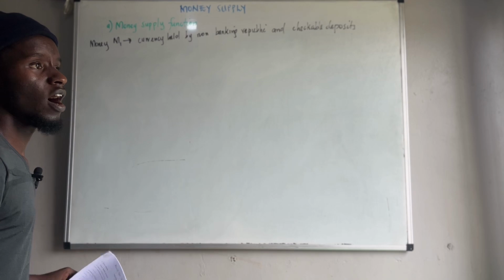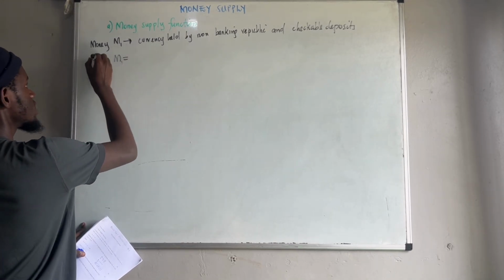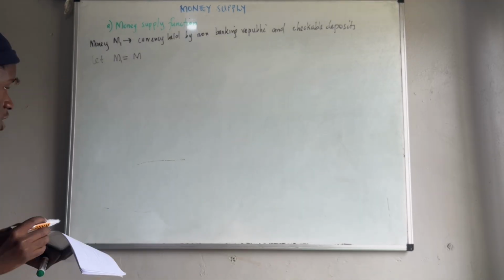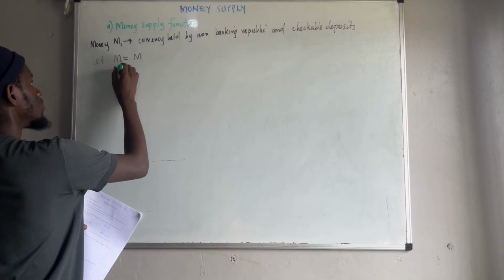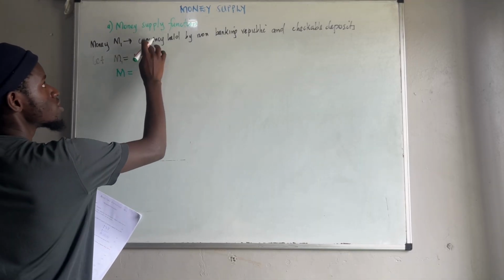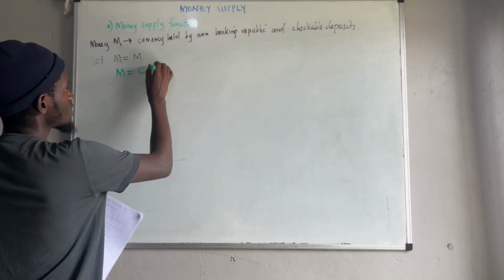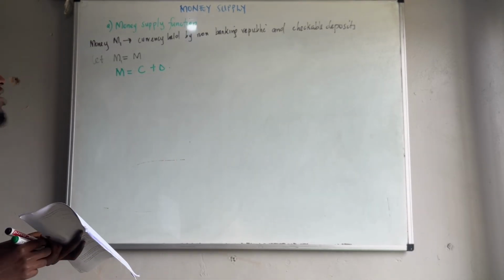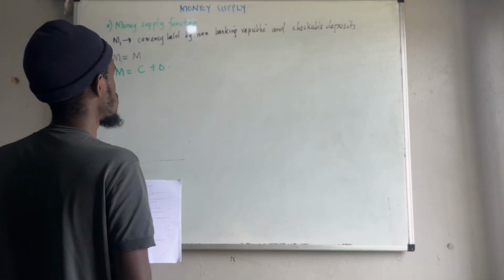This means we let our M1 be equal to M. Now, M equals C, which is cash held by the non-banking public, plus checkable deposits, which is D. M equals C plus D. That's our equation 1.